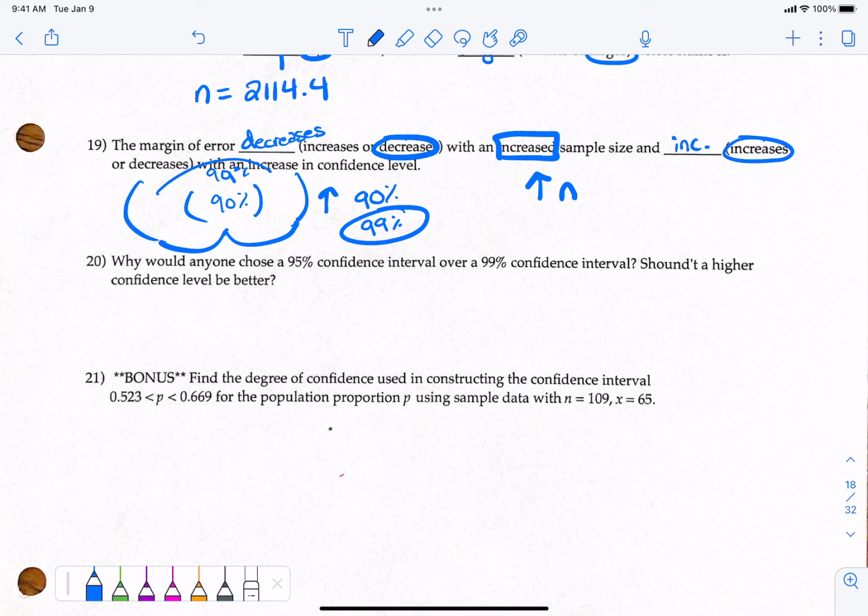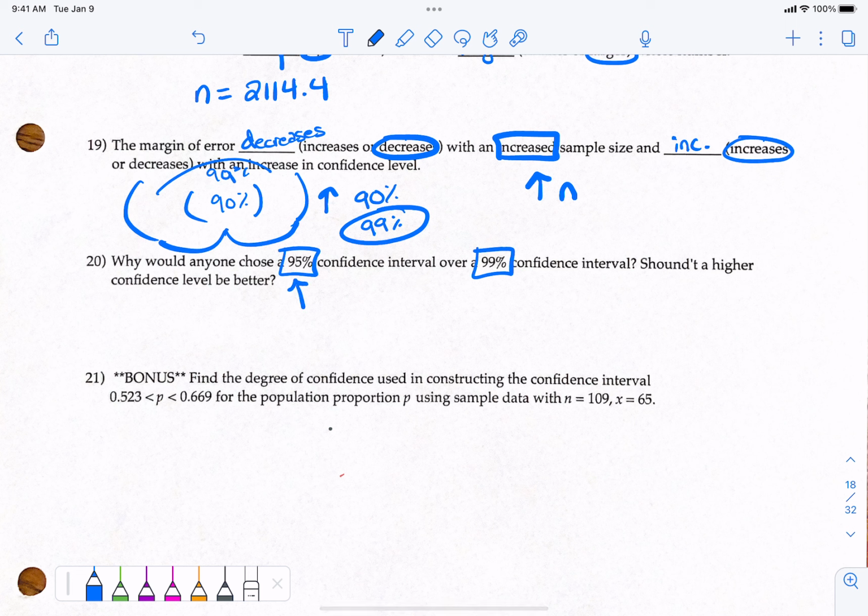Why would anyone choose a 95% confidence level over a 99% confidence level? Don't you want to be 99%? But maybe we don't have that many people surveying. What did Clayton just say? Shouldn't a higher level of confidence be better? Okay, I was 99% confident his grade was between a 20 and an 80. But I'm 95% confident it's between a 40 and a 60. So the range is small.